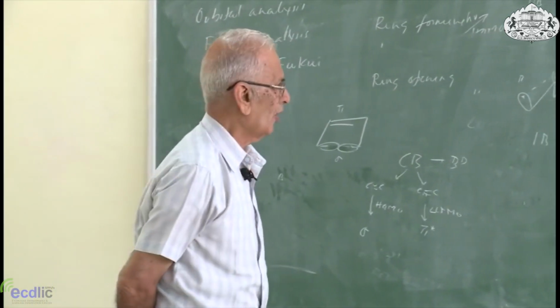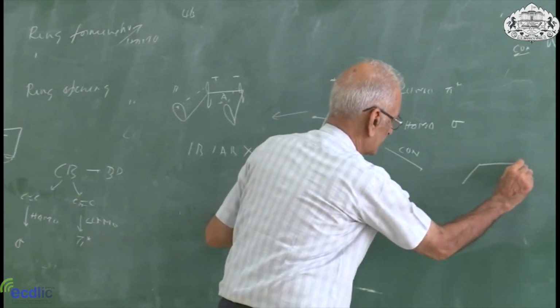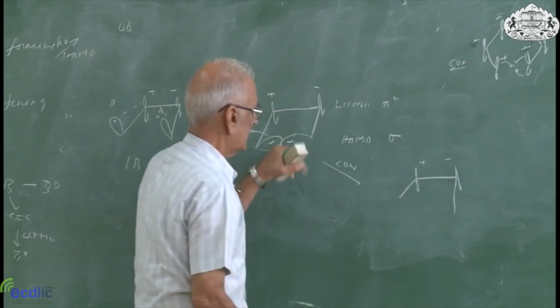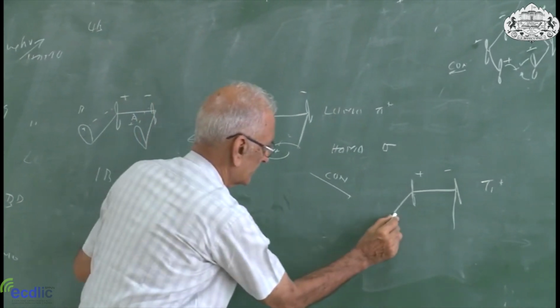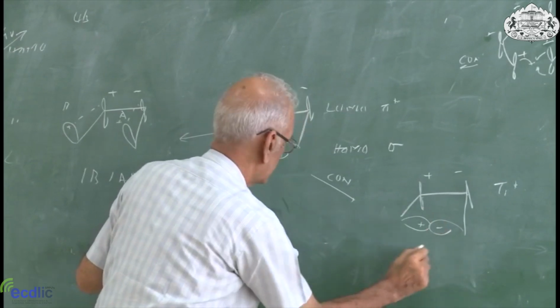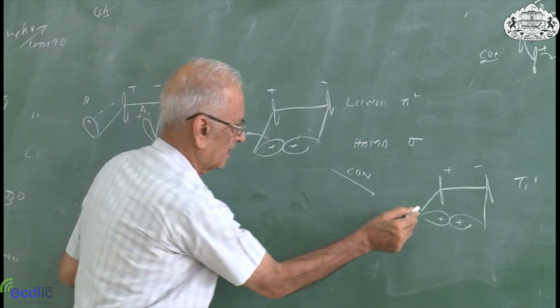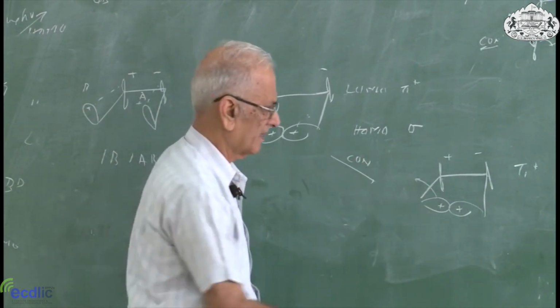We do the conrotatory process. That's your pi star. Plus and plus. This is going anti-clockwise.